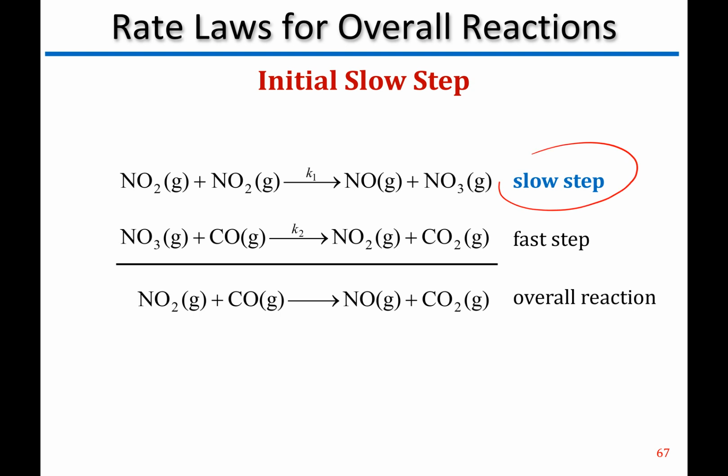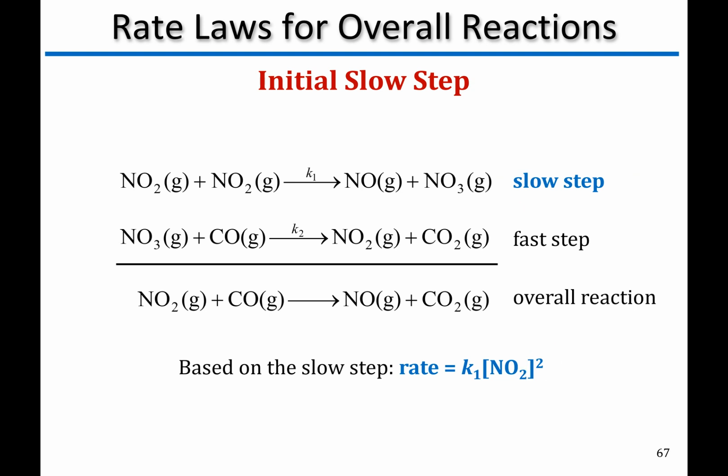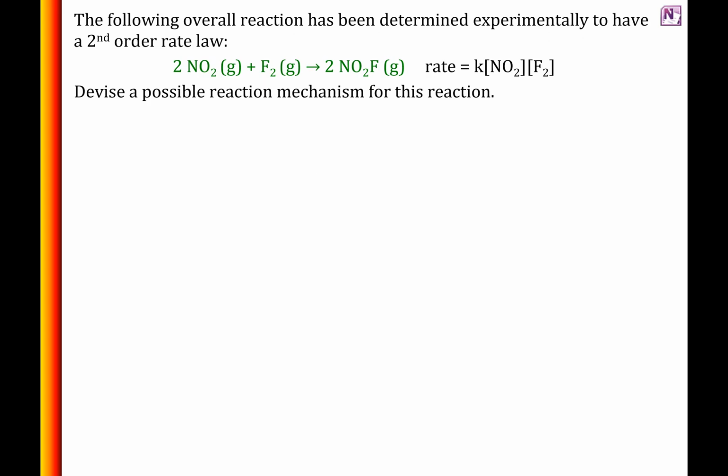They mention here that this is a slow step, and we know that the rate will always be limited by the slow step. So based on this information, our rate would be equal to our constant times NO2 squared, because remember, from elementary steps, we can determine our reaction order based on the reaction stoichiometry. So we can figure out the rate law just based on these elementary steps.